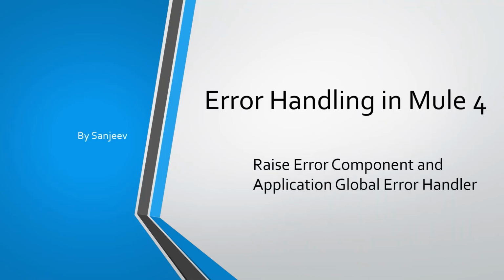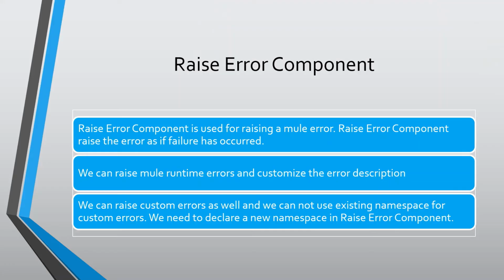In this video, I'm going to explain how we can use the Raise Error component and how we can configure an application global error handler in a Mule application. We can fail the Mule application and we can raise the error. For example, in a shopping cart application, if a customer is putting in an order and he's buying on credit, if the total amount of the order is less than his credit limit, then we can let the order succeed.